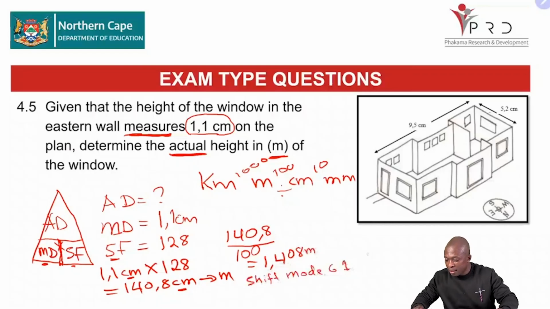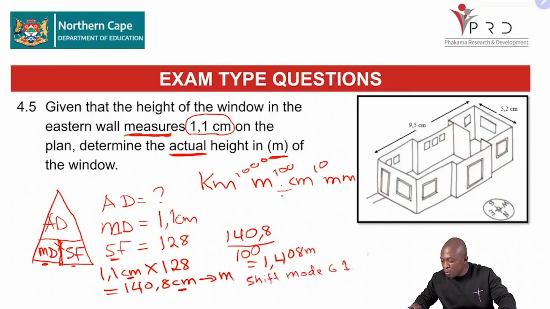What do you get? Shift, Mode, 6, 1. Good. That should give you 1.4. So you see, you don't have to stress and try to convert from your head and then you get them wrong. No, you have to use your calculator and get them correct.